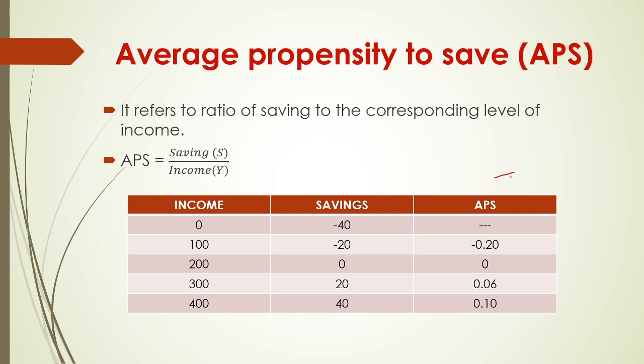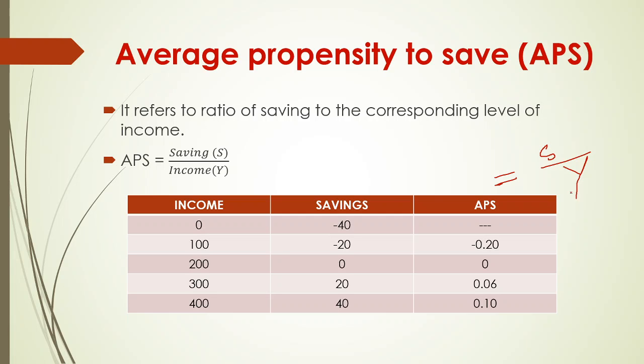We obtain it by dividing saving by total income. Saving here is minus 40 divided by 0. We cannot divide anything by 0, we won't get an answer, so we shall put a dash here. Then minus 20 by 100 is minus 0.20.